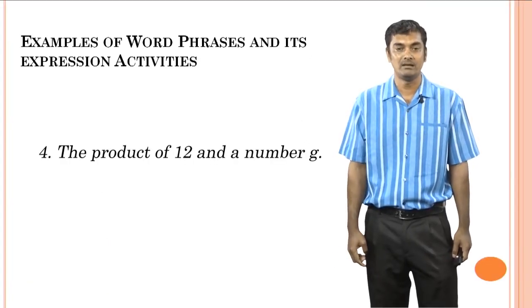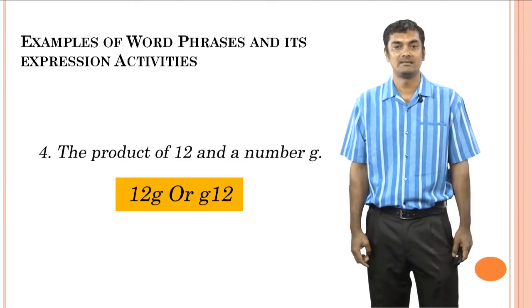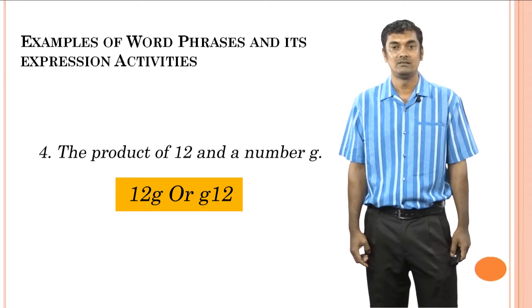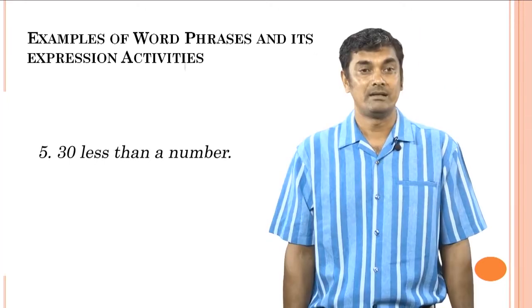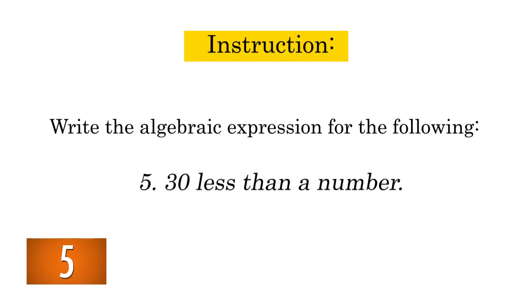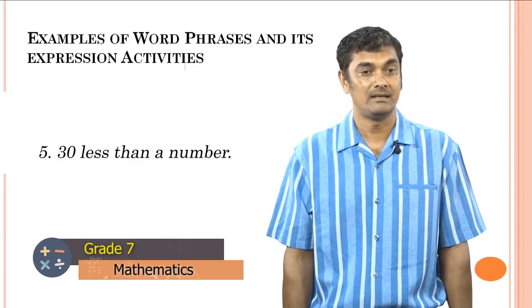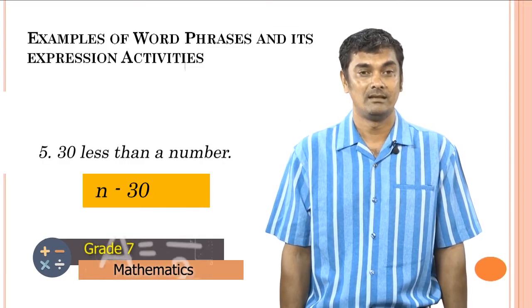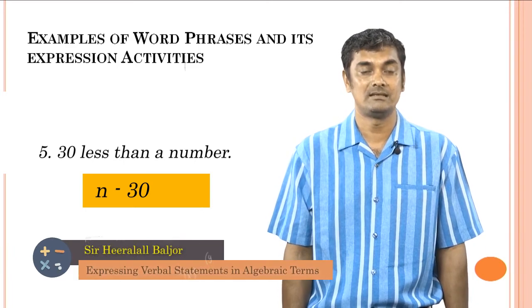Yes, it's product, hence the mathematical expression is 12g or g12. Another example, 30 less a number. It is, let me hear that. Yes, less. Therefore, it's n minus 30.